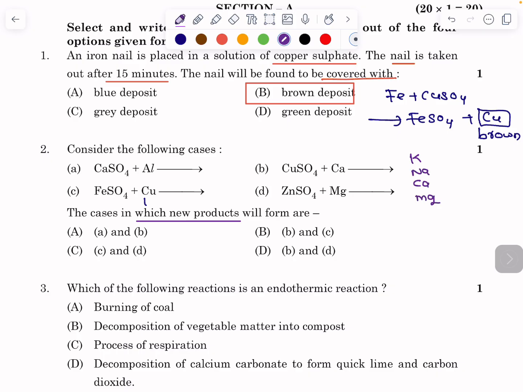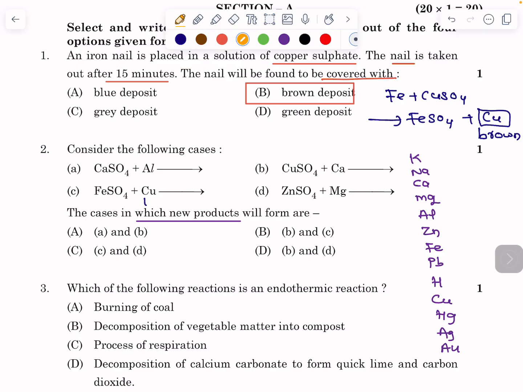Potassium, sodium, calcium, magnesium, aluminium, zinc, iron, lead, H, copper, mercury, silver, and gold. Use this reactivity series. Potassium is the most reactive and gold is the least reactive. The more reactive element easily displaces the less reactive element from its compound.